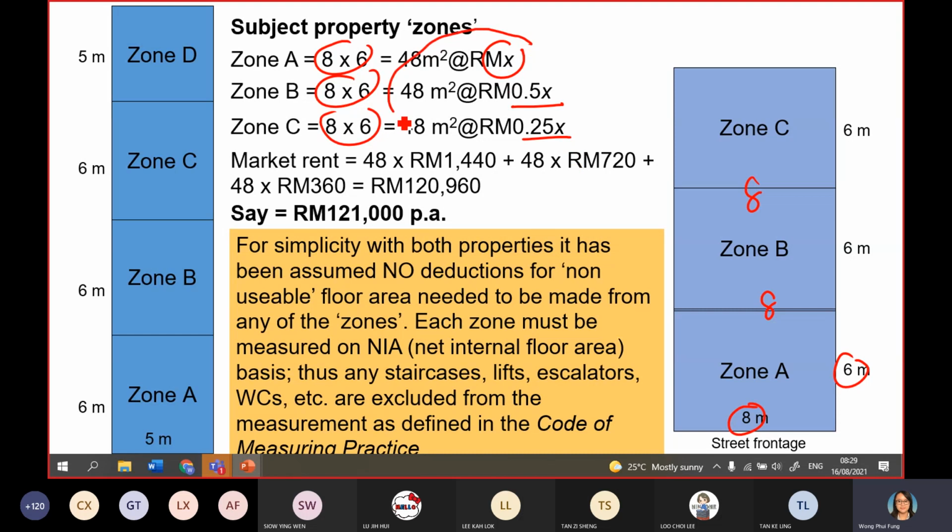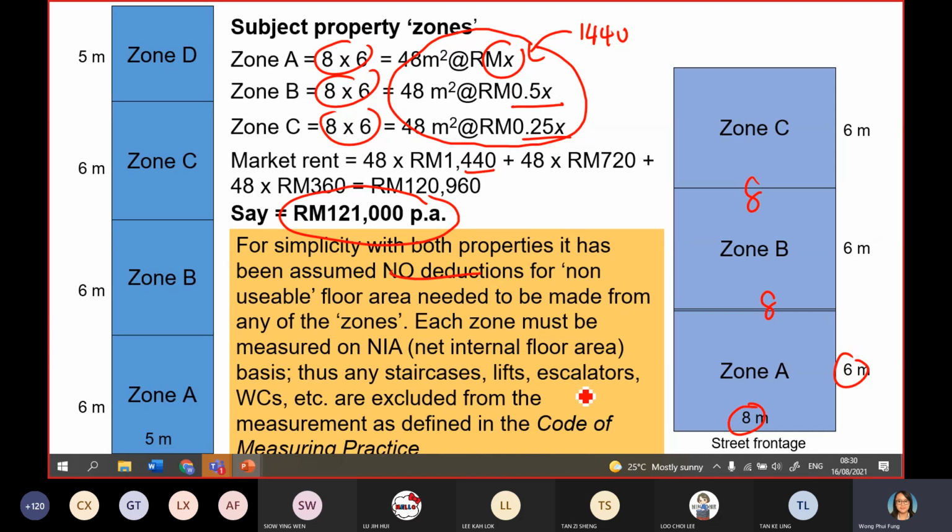So sum up everything, then you can substitute the x of 1440. After that, you should get the rental of approximately 121,000 per annum. So for this method, we assume we don't need to do any deduction.